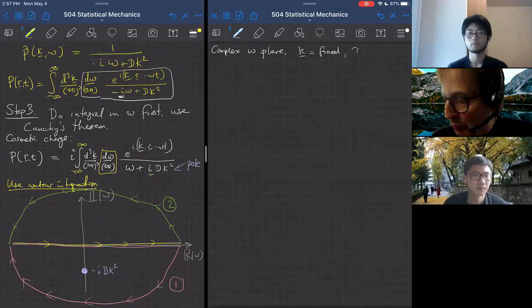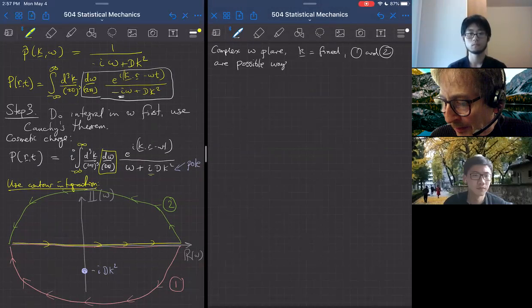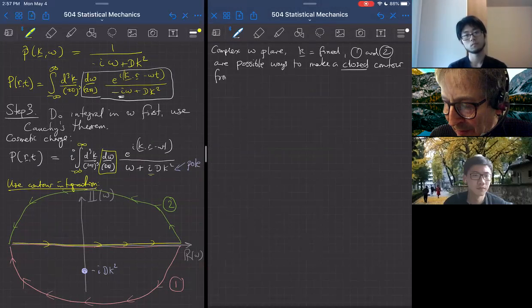And curves 1 and 2 are possible ways to make a closed contour from the actual path of integration that we care about.